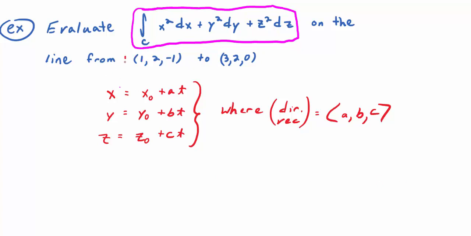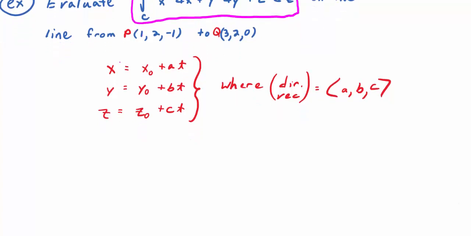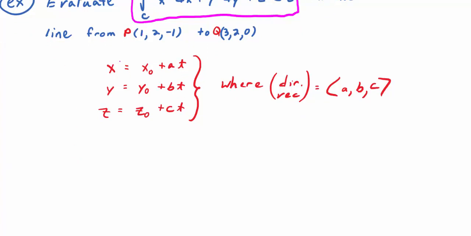Let's call these points P and Q. So the direction vector would be PQ, and we take the tip minus the tail. So what would that be? Just to show the details, because it's been a while, the tip would be Q and the tail would be P, right?